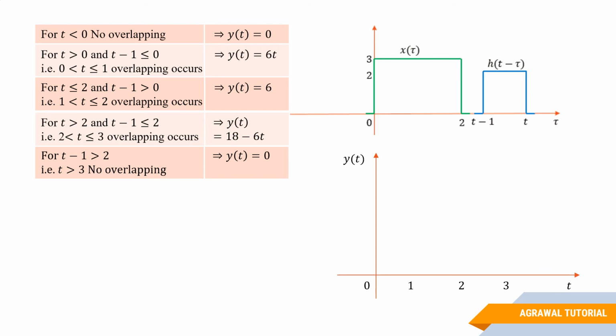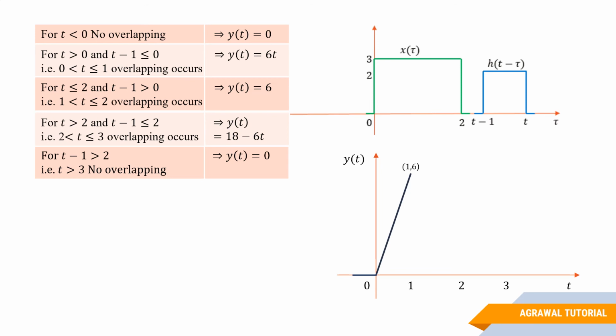So, for t less than 0, y of t is 0. So, we get nothing, that is 0. Now from 0 to 1, y of t is equal to 6t. That is a straight line.